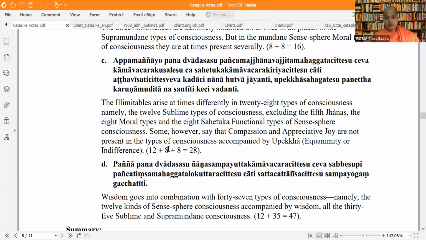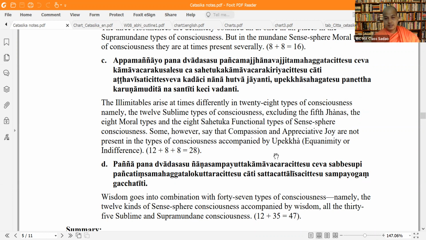So this seems to be a different opinion. But in the 5th jhana, definitely karuna and mudita are not present because there is just upekkha.